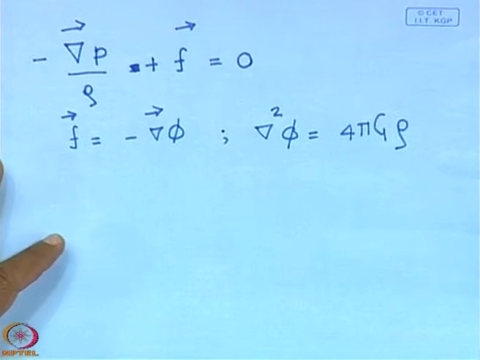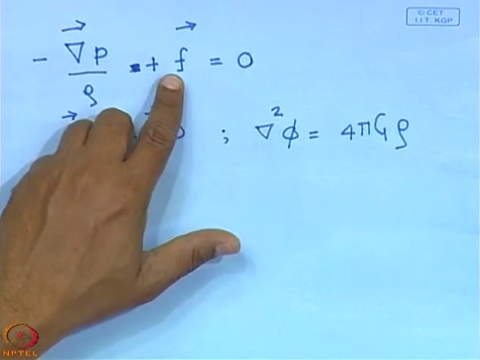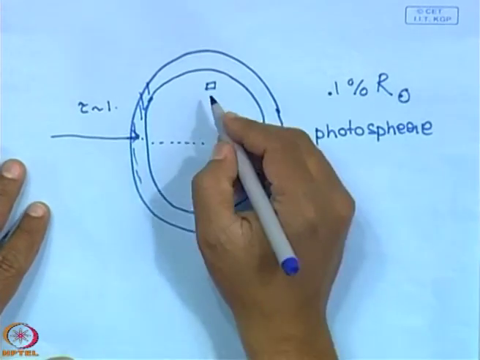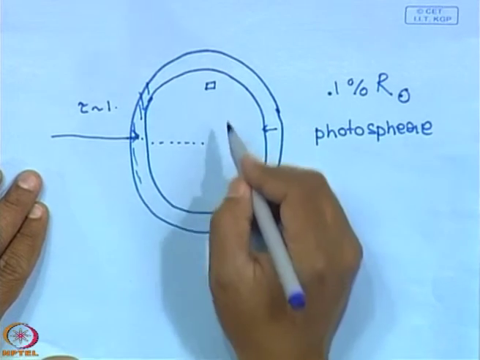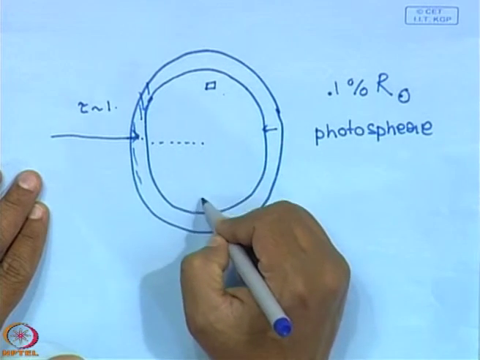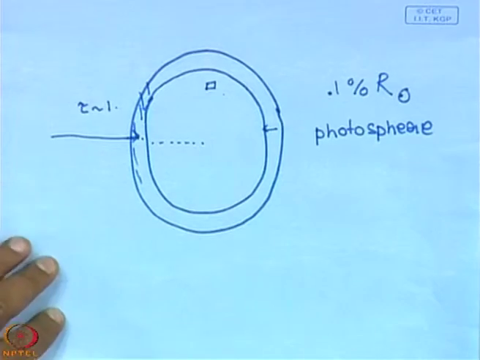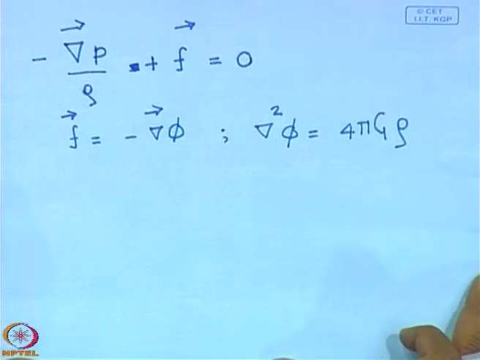Inside the sun, the pressure gradient essentially balances the gravitational attraction of the material inside. If you consider this element of the fluid, the pressure gradient across this balances the gravitational attraction of all the material inside this sphere, which is what is there in this equation. It is a self-gravitating system.